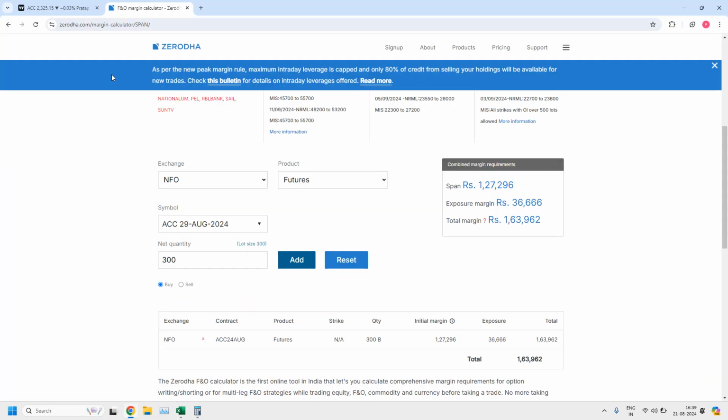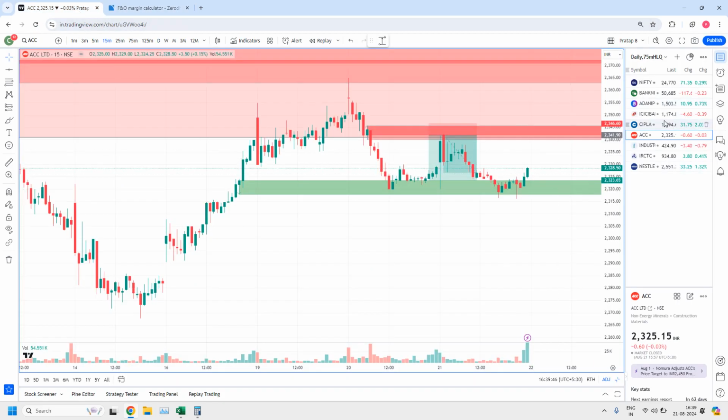Generally what I do yesterday, after I generate the report and complete the recording and upload the video, I take all the high liquidity zones, add them into this watch list, and then analyze all the stocks one by one. Generally I don't miss, but how I missed it, I'm wondering.